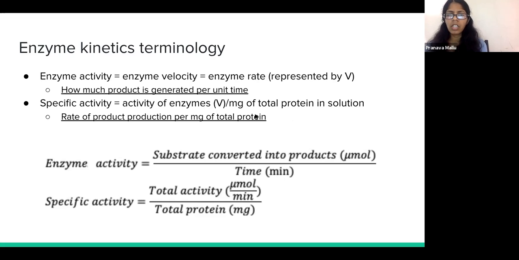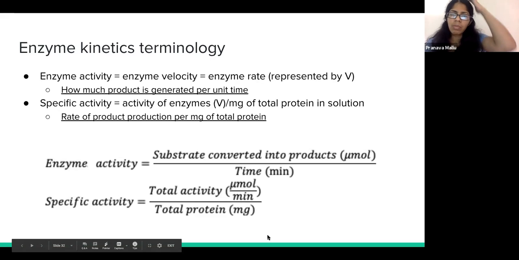So what this tells you is the purity of the sample. So even though sample 2 is much bigger, it has the same enzyme activity, which tells you that there's a lot of other non-enzyme proteins in that total sample. So the total protein is basically everything that's not the enzyme.